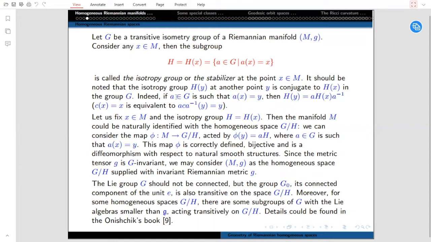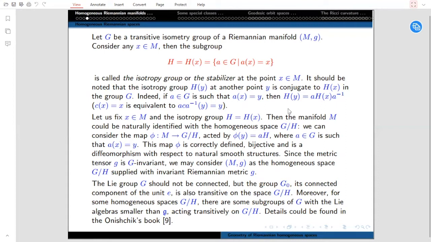It should be noted that the isotropy group at another point, say Y, is conjugate to this group HX in the group G. Indeed, if we have some element A such that A of X is Y, then the isotropy group at the point Y can be calculated by this formula: A, H of X, A to the power -1.